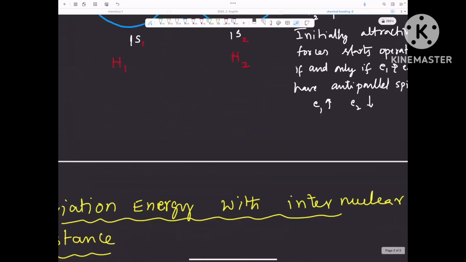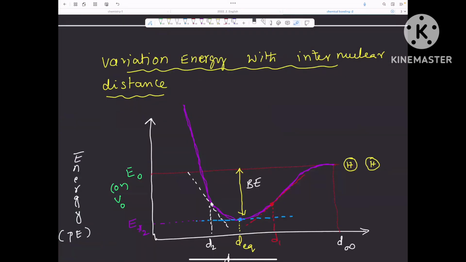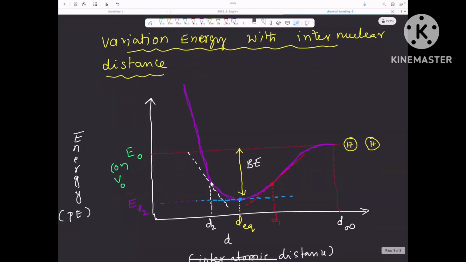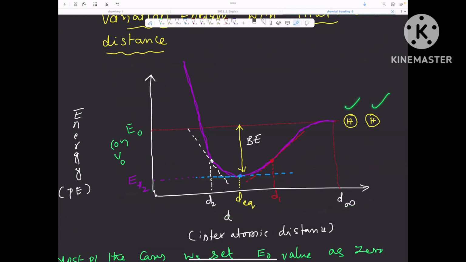Now we are plotting variation of energy with intermolecular distance. Let us consider this is y-axis, energy is plotted, and let us consider this is x-axis where interparticle distance is taken. These are two isolated hydrogen atoms. Our hydrogen atoms are initially having energy we call E naught or V naught. Generally, we take this E naught value as 0.